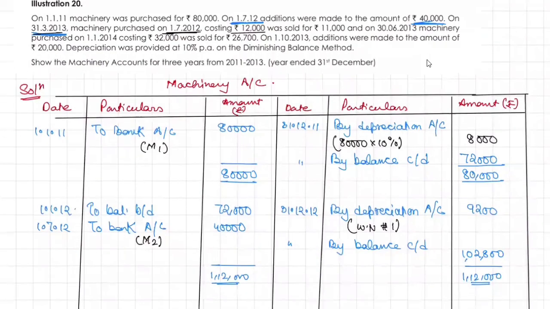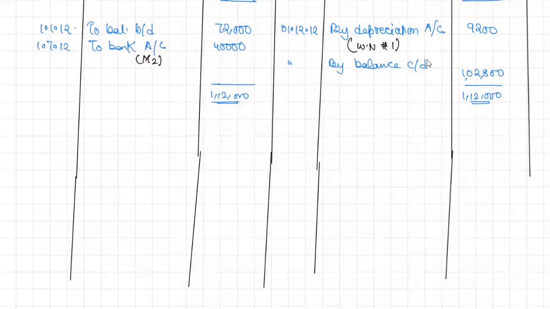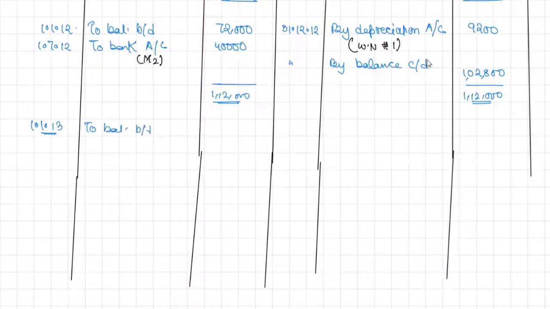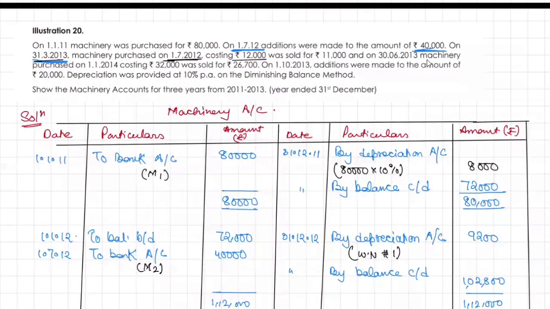So first what you have to do, first we'll start writing it. So our date will be now 1st of Jan 2013. Okay, it will be to balance BD 1,02,800. Okay, and there will be one column for 31st 3 2013. So what first we have to do? So some sale is happening, correct? It is sold for 11,000.